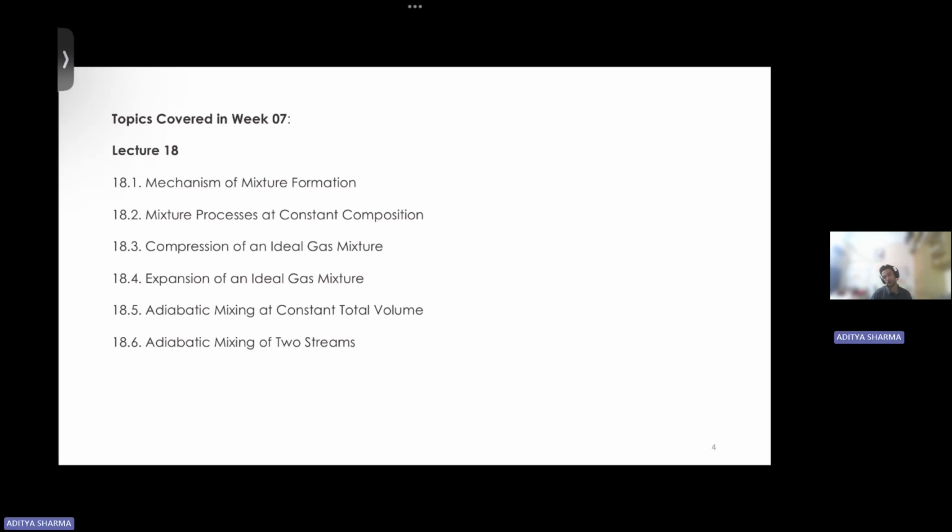Okay. So in their pure form, how are the components, and when they are part of a mixture, in that case, what is their state? So this has been discussed in this topic.